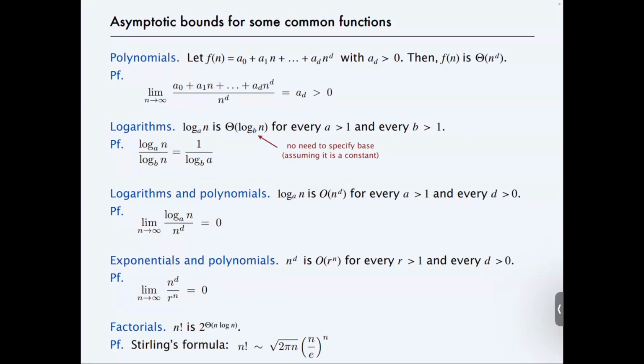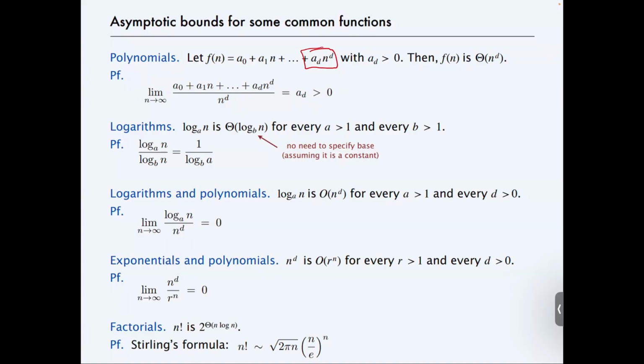What we see on this slide is some asymptotic bounds for some common functions. Let's say that f of n is equal to some constant a0 plus a1 times n plus a2 times n squared, and so on, up to ad times n to the d. Then this function is theta of n to the d. What we're doing here is looking at the largest term, and that is our theta value.